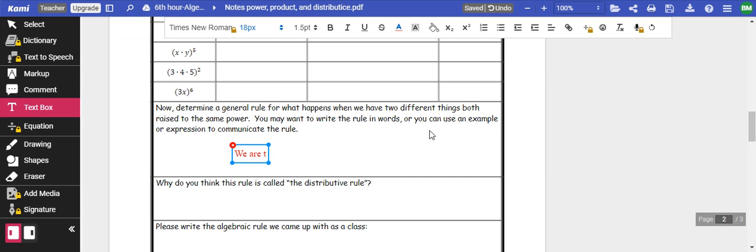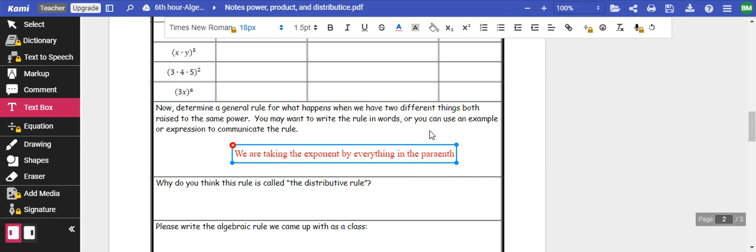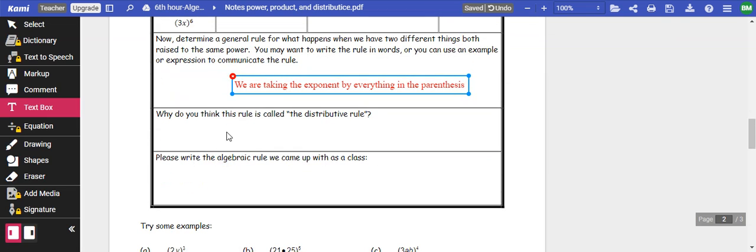So we are taking the exponents by everything in the parentheses. It's called the distributive rule because it's distributing.